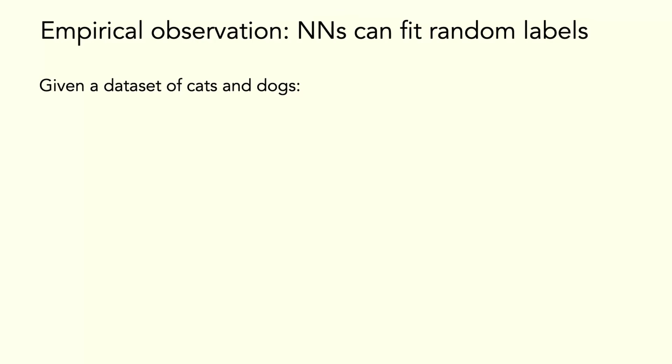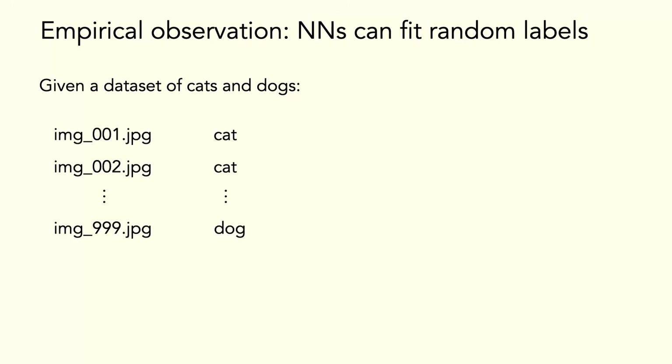Okay. So here's the interesting thing. Neural nets can basically fit any dichotomy over regular data sets. So given a data set of cats versus dogs I'm trying to classify, I can train the neural net, and it will correctly classify cats and dogs. But I can do the following thing: I can randomly shuffle the labels.